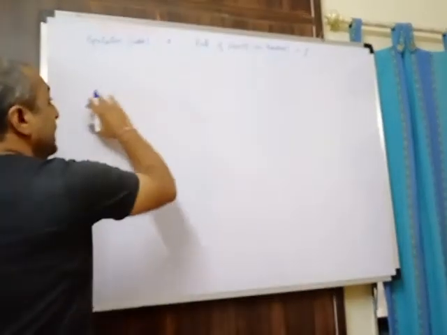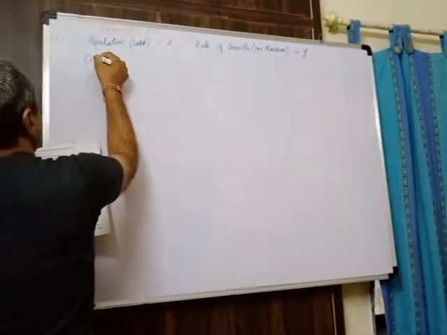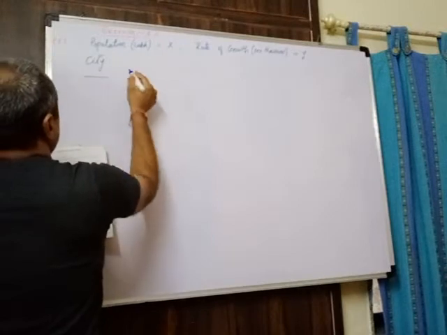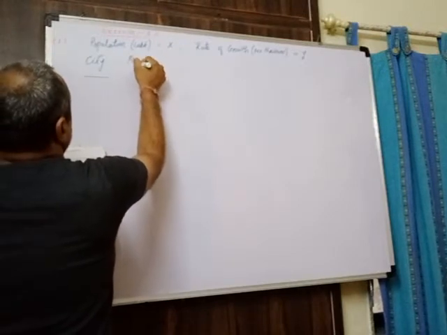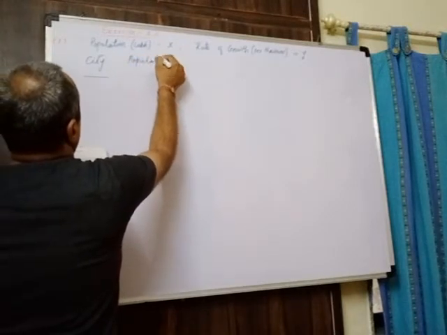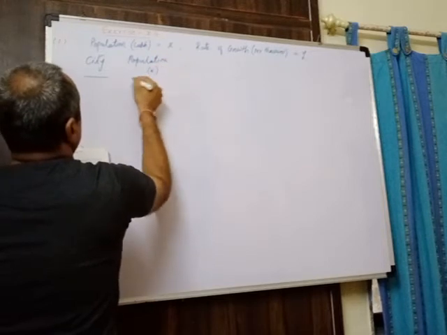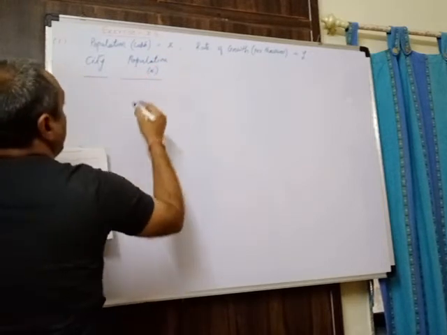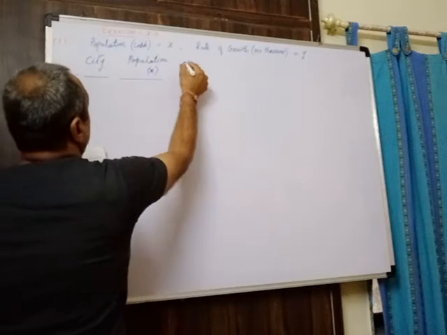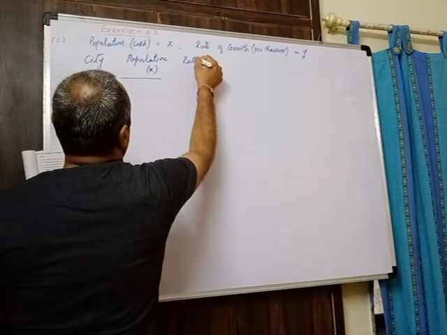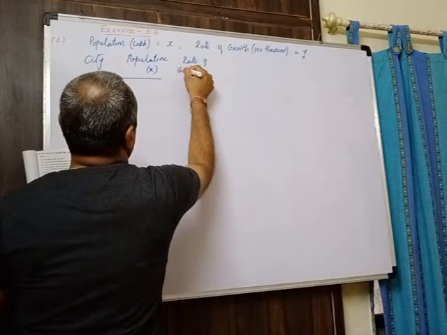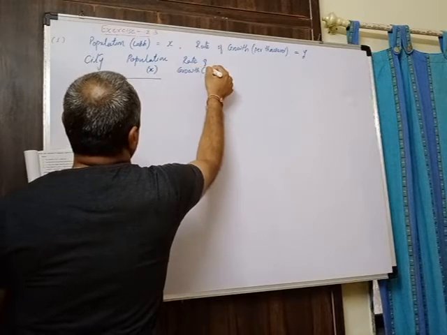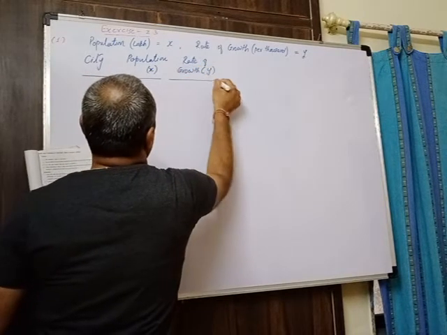Okay, so I'm writing that data now. First of all the city, the names of the cities, I'm writing over here. This one is population, which is in lakh, variable x, and rate of growth, that is considered as variable y.